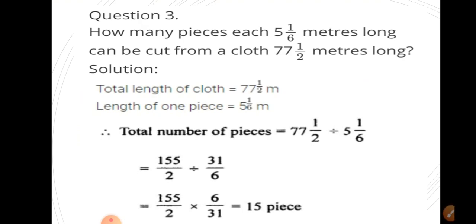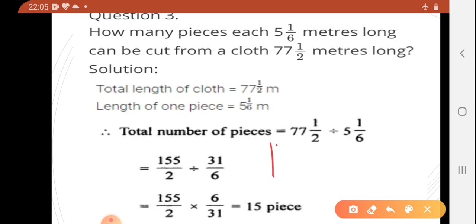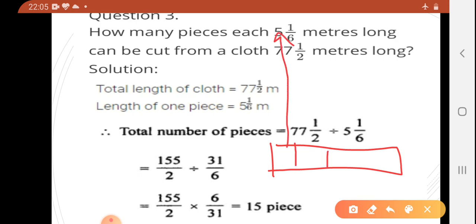Pieces each 5 whole 1 upon 6 meter long can be cut from a cloth of 77 whole 1 upon 2 meter long cloth. Now there is one cloth, and from this cloth you have to cut pieces of 5 whole 1 upon 6 meter.